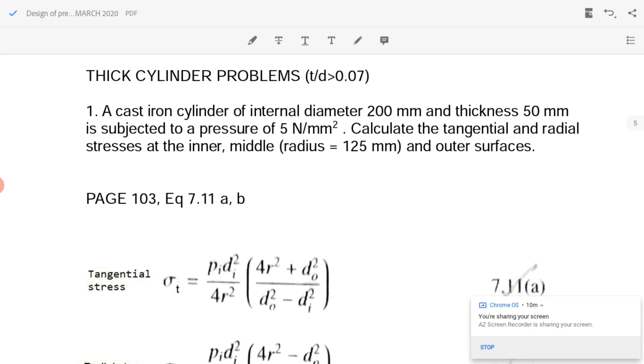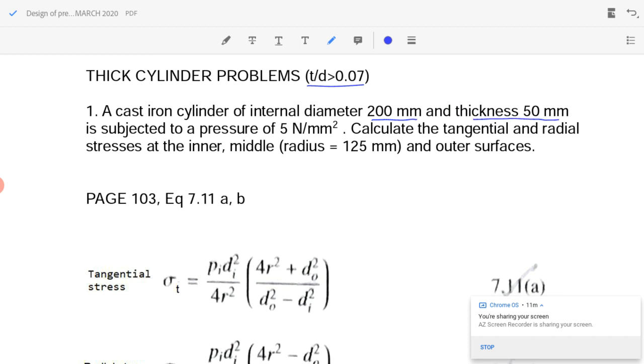This is a question on thick cylinder. For a thick cylinder, we have a higher thickness, and the ratio T by D will be greater than 0.07. Consider question number 1. Internal dia is 200 mm. Thickness is 50 mm.